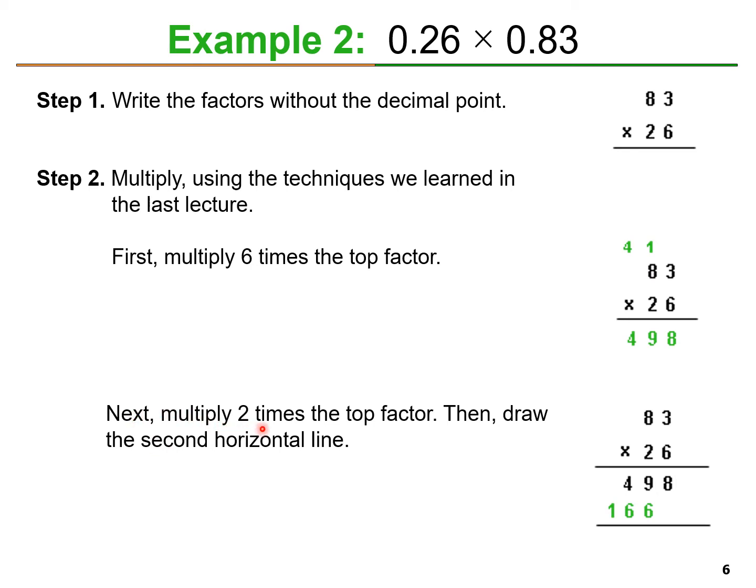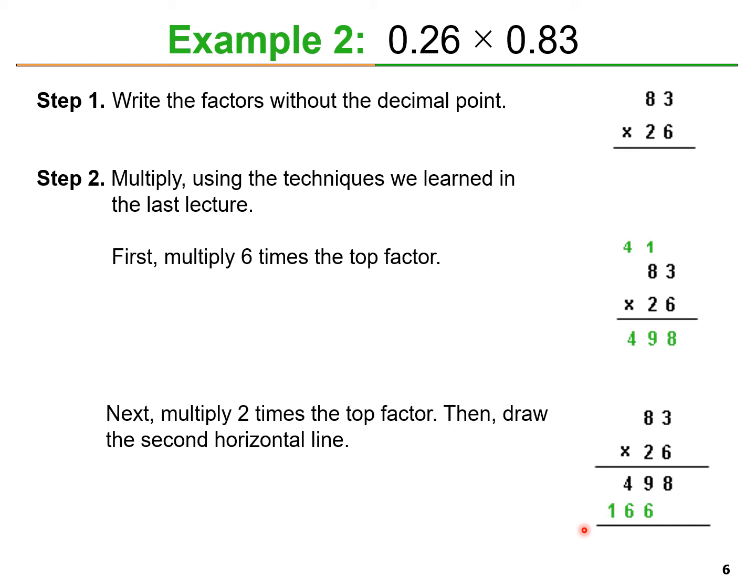Next, we multiply 2 times the top factor. 2 times 3 is 6. So we start putting the answer under the tens column. 2 times 8 is 16. Put the 6 under the hundreds column and put the 1 in the thousands column.